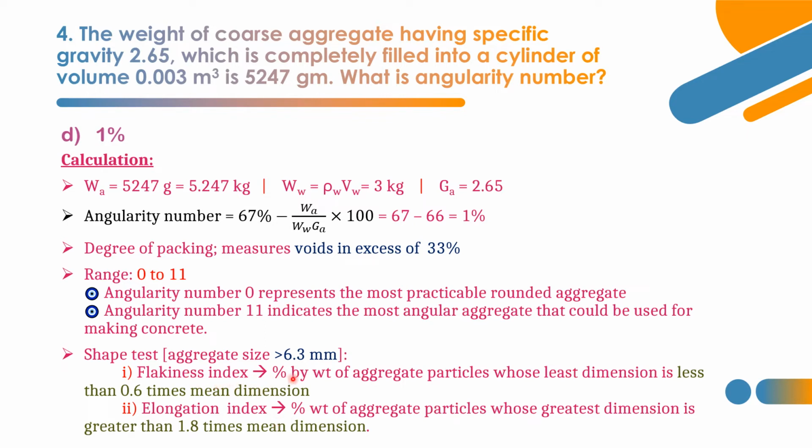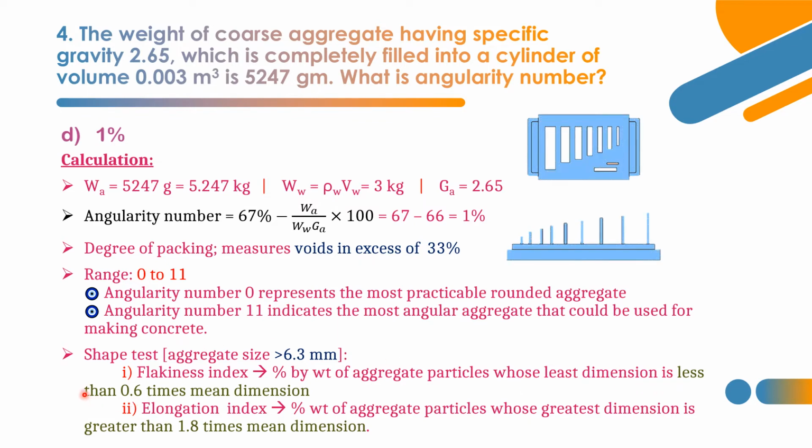What is flakiness index? It is the percentage by weight of aggregate particles whose least dimension is less than 0.6 times the mean dimension. Here you can see the slot. This slot is used for flakiness test. This is used for elongation test.